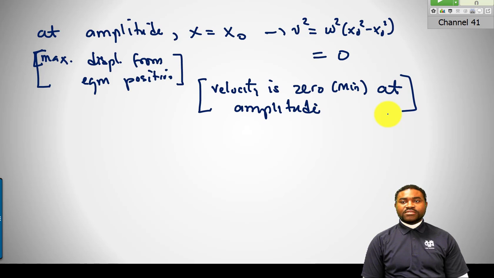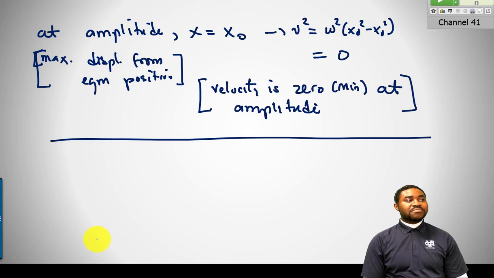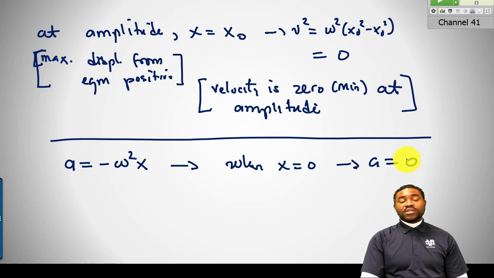What about acceleration? a is equal to negative omega squared x. This implies that when x is equal to 0, a is equal to what? 0. So the acceleration is 0 at equilibrium position. And that makes sense because at equilibrium position, the net force is also what? 0.